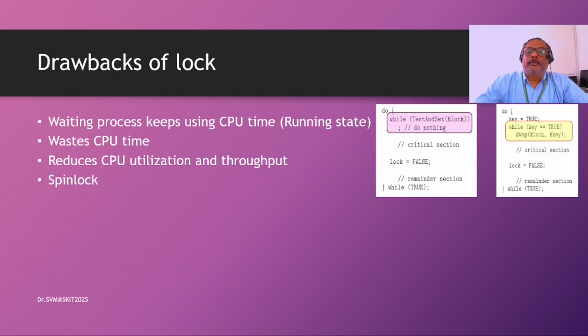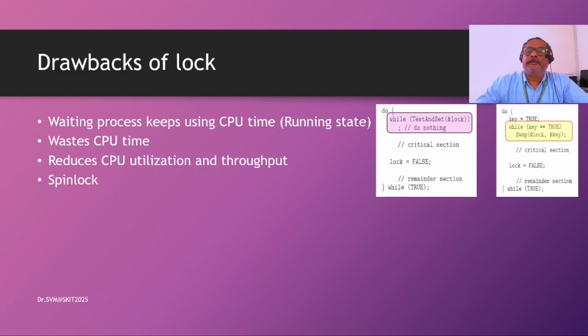The moment the lock is open, it wants to enter, but most of the time it sees that the lock is not open. Therefore, it is waiting there, and in that, it is unnecessarily making the CPU run and say wait, wait, wait.